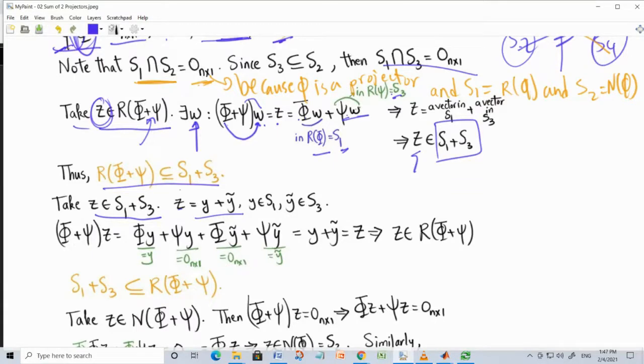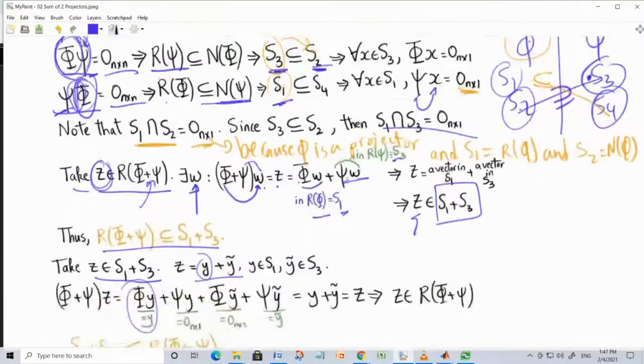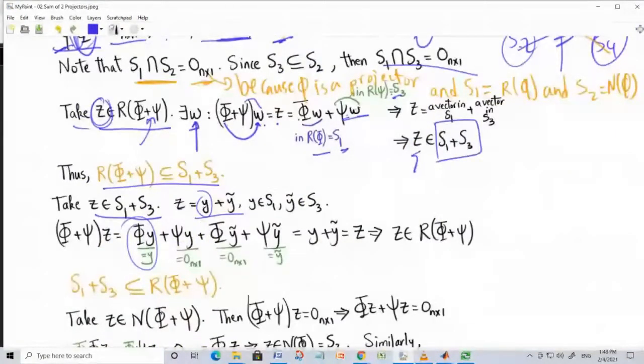Phi y: remember, vector y is in S1, which is the range of phi, and phi is a projector, so phi y is y itself. What about epsilon y? We showed that if the sum epsilon plus phi is a projector, then we get these nice relations, which tell you, for example, that epsilon multiplied by any vector in S1 will give you the all zero vector. So epsilon y is equal to 0.